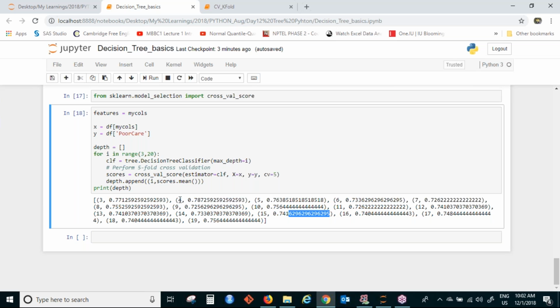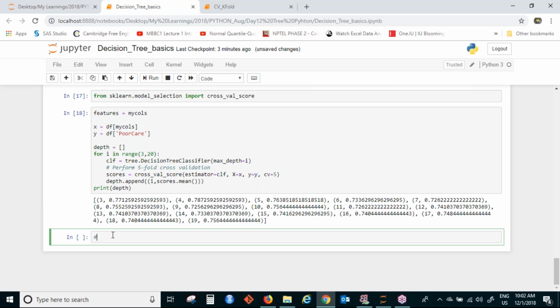The accuracy looks best for a value of 4, at 78%. So the best value of max depth after cross validation is 4.